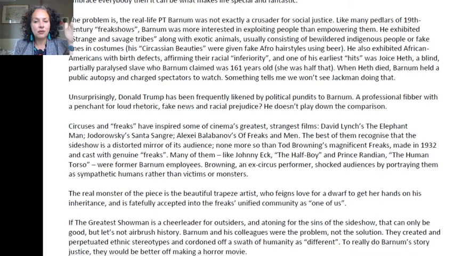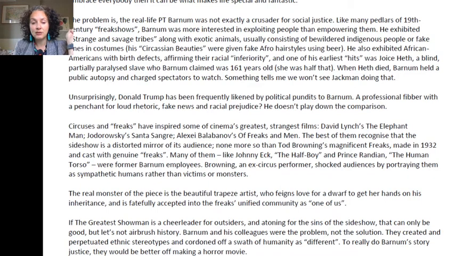The best of these films recognise that the sideshow is a distorted mirror of its audience, none more so than Todd Browning's magnificent Freaks, made in 1932, and cast with genuine freaks. Many of them, like Johnny Eck, the half-boy, and Prince Randian, the human torso, were former Barnum employees.